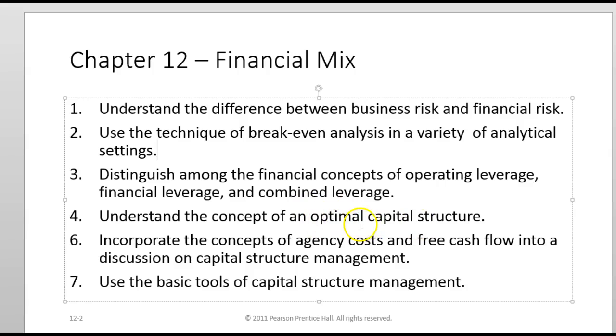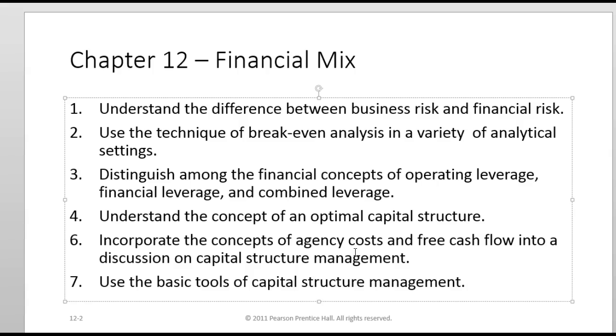Okay, finding the optimal capital structure through looking at leverage, operating, financial, and you're going to look at concepts of agency cost, which is playing, in essence, bondholders and shareholders. How do you keep them both satisfied? Because there's an agency issue there.